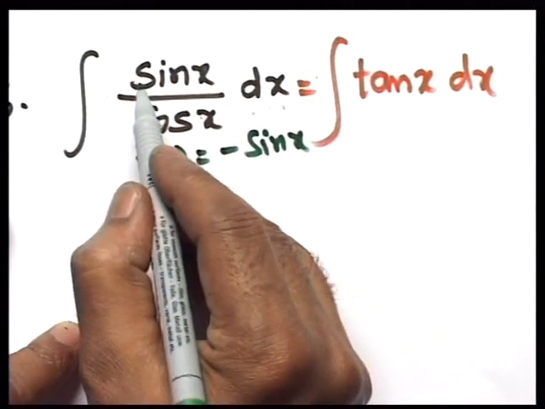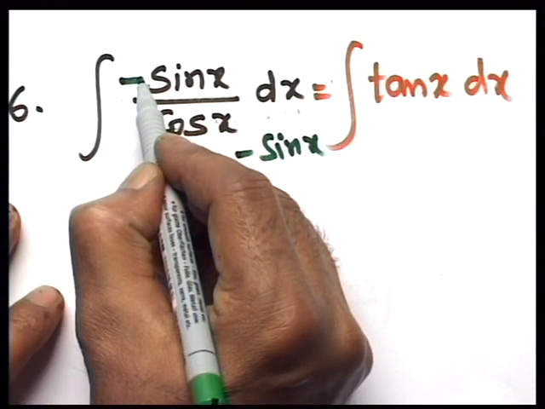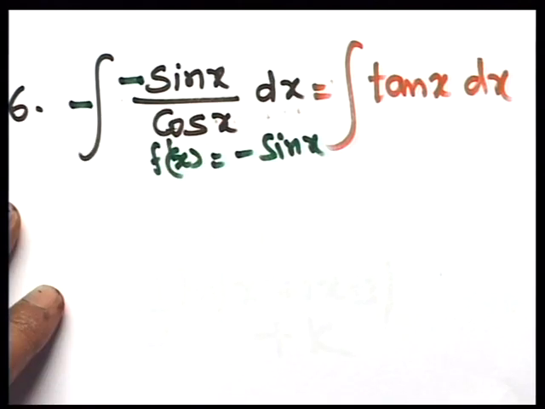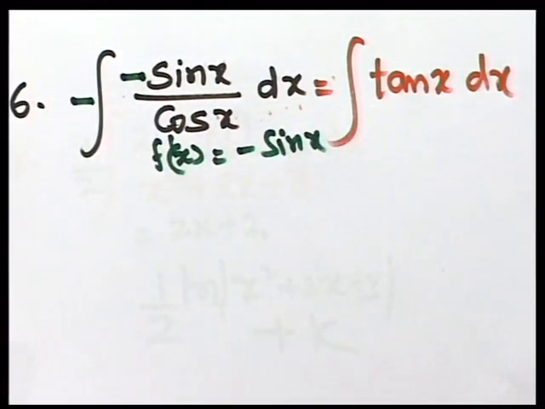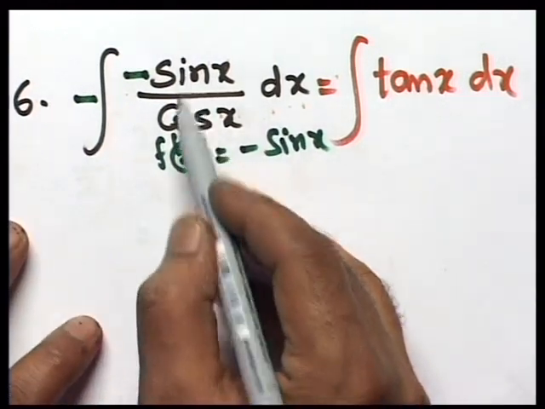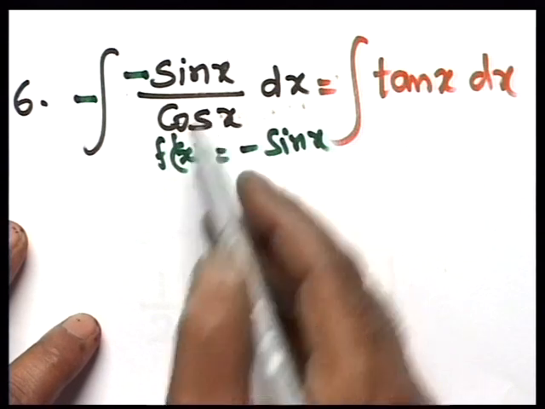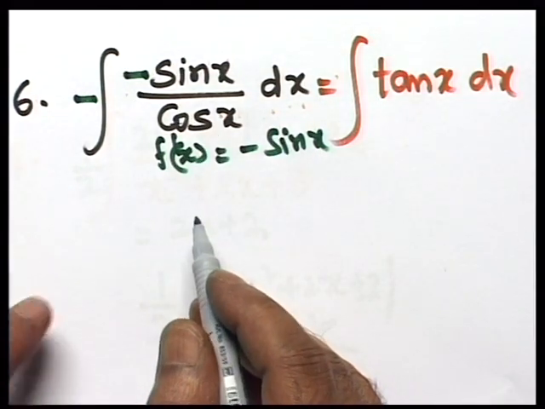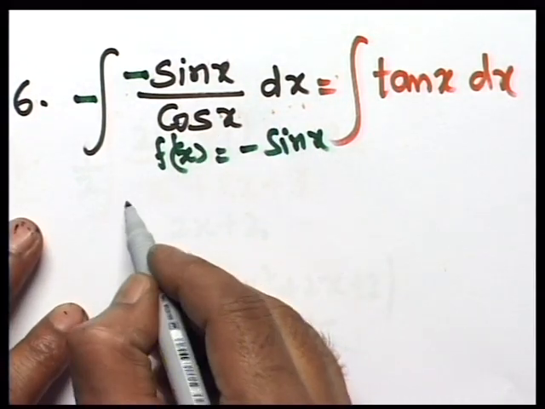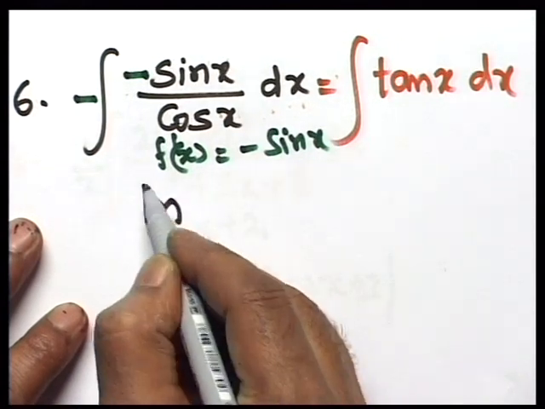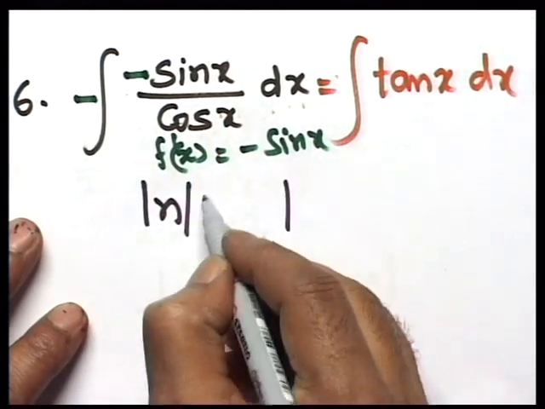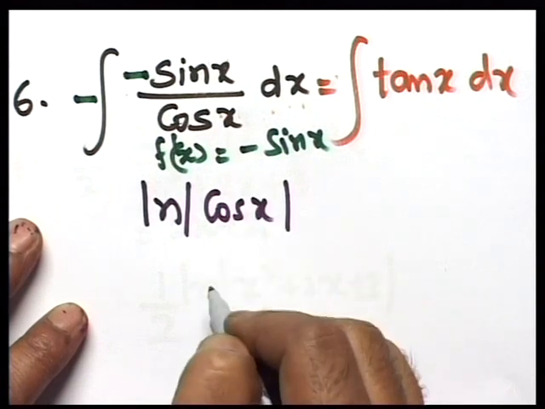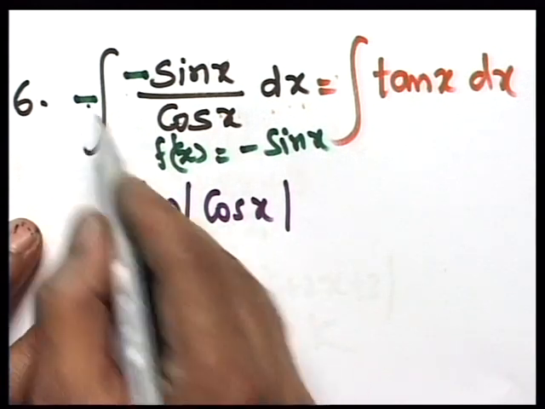But we don't have a minus. So let's put a minus there and minus outside so that there is no change in the original question. Lovely. So the question is now f dash x over f x, and we are supposed to write the answer as natural log, watch there, denominator which is cos x, and plus c, done, but there is a minus.